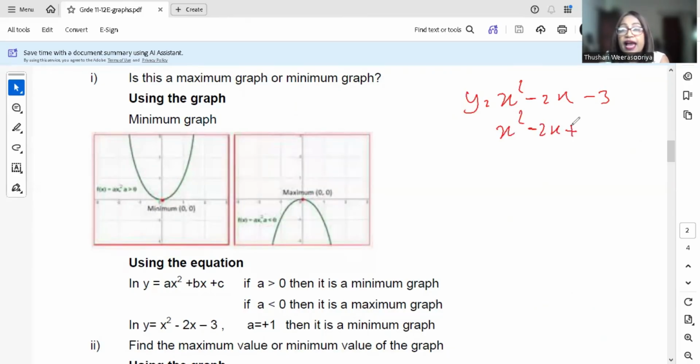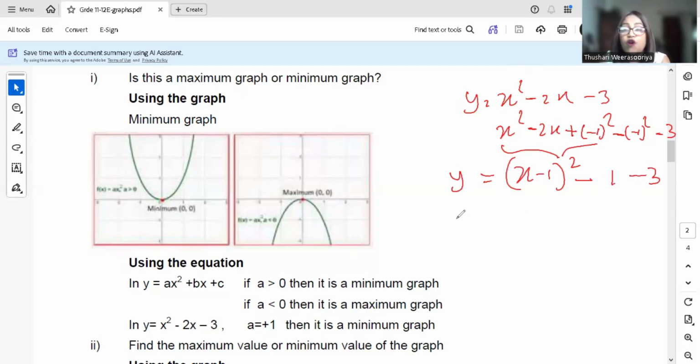X squared minus 2x, you add 1, that is half of 2, minus 1 to the power 2, and then subtract 3. There you get x minus 1 to the power 2, then minus 1 minus 3. I made the general format using this equation: x minus 1 to the power 2 minus 4.